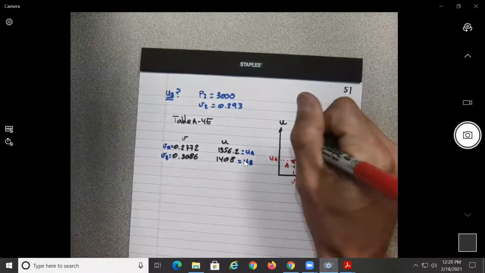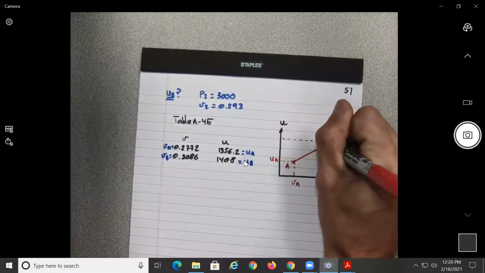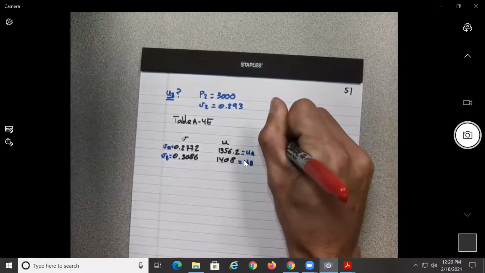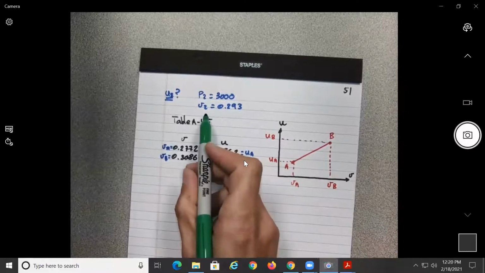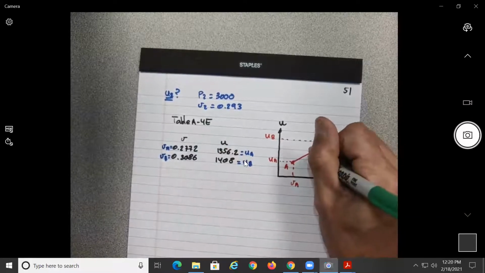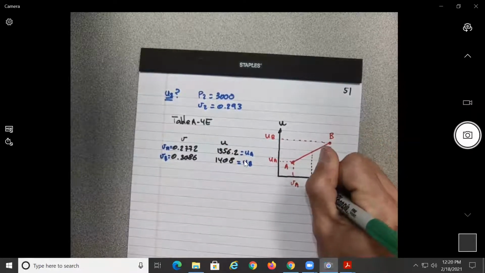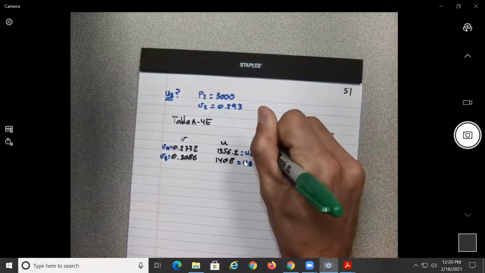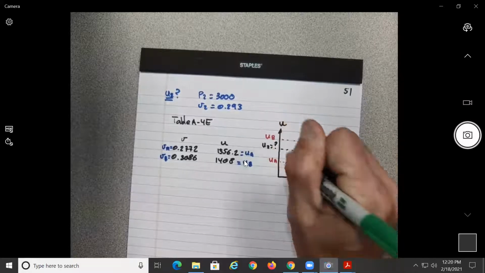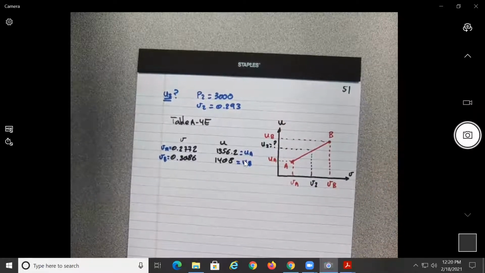So this is VB, this is U sub B. What do we know in this problem? We know V2. So we know V2 here, and then we can find U2, no?